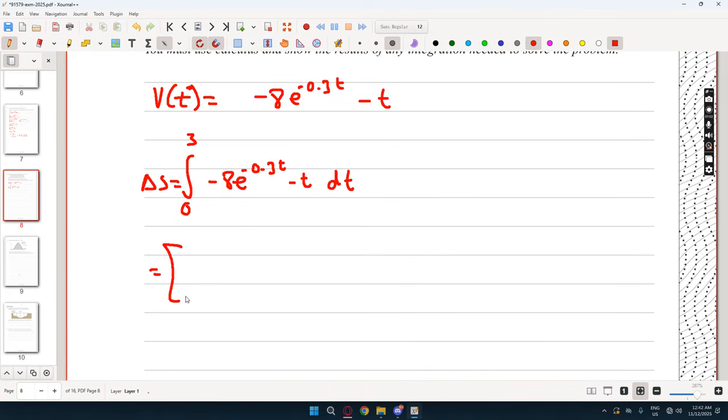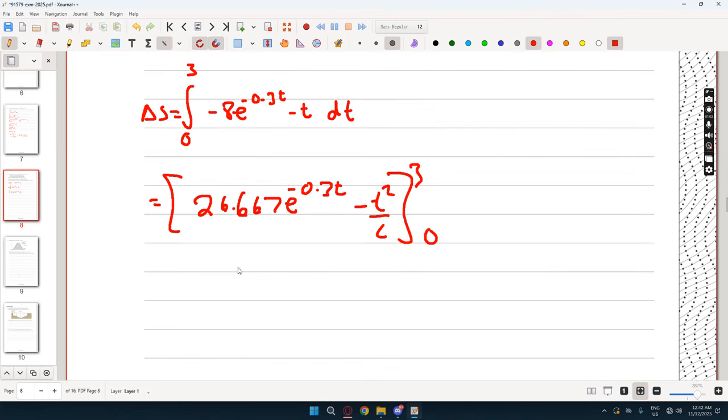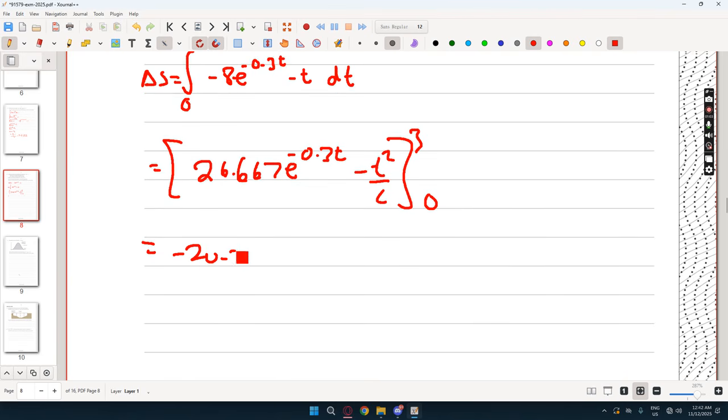So that's 8 divided by 0.3, 26.667 e to the minus 0.3t minus t squared on 2, 3 to 0, 26.667 times e to the minus 0.3 times 3 minus 9 halves minus 26.67 plus 0 minus 20.32.